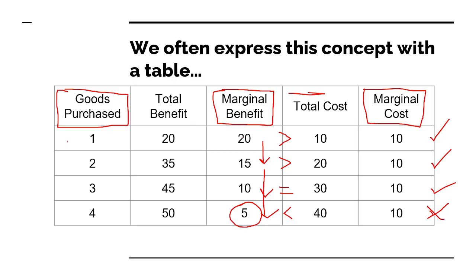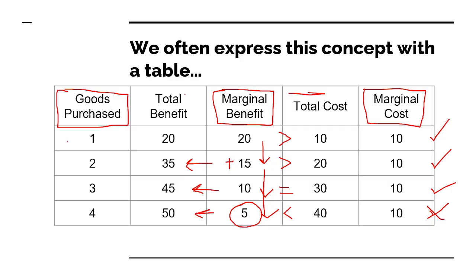When we add up the second slice of pizza, 20 plus 15 equals 35, right? And then we see 35 plus 10 equals 45, and then 45 plus 5 equals 50, right?